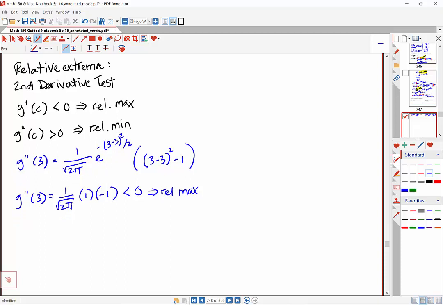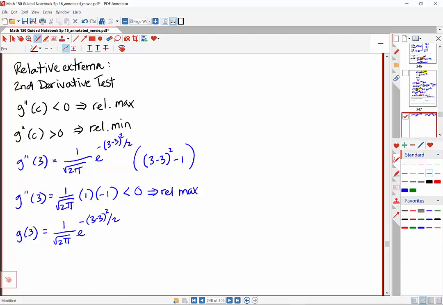Now, let's go ahead and find the rest of the information for the relative extremum. So g at 3 is going to be 1 over root 2 pi times e to the negative 3 minus 3 squared over 2. So, what's that going to be? Good.